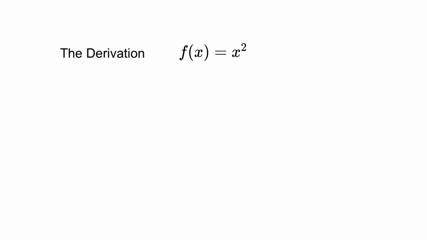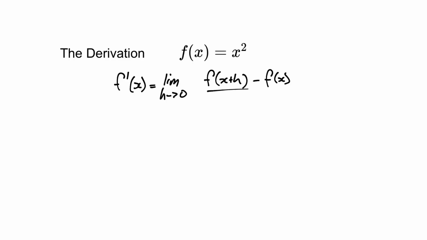Looking at our second function, f(x) is equal to x squared. So from first principles again, we get f prime of x is equal to the limit as h tends towards 0 of f(x plus h) minus f(x) all divided by h.